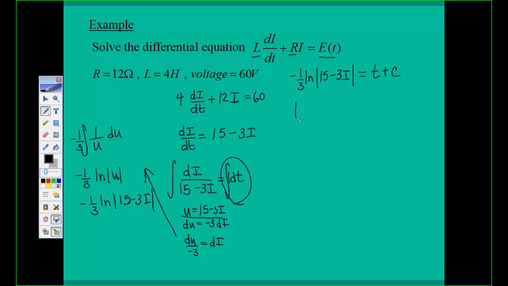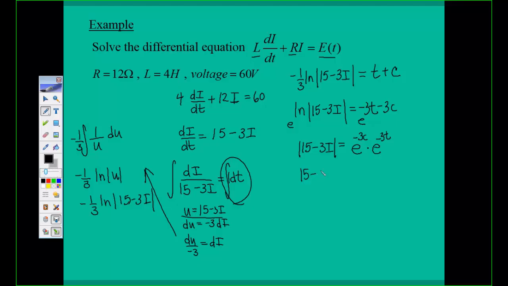Let's multiply both sides by a negative 3. We're going to raise each side to the base e. We would have the absolute value of 15 minus 3i equals, and we're going to use that rule again where we can separate these as e to the negative 3c times e to the negative 3t.